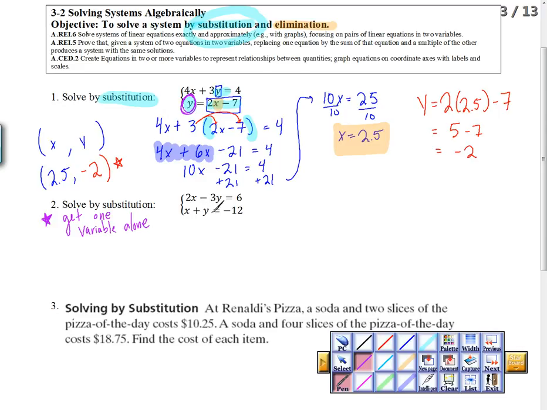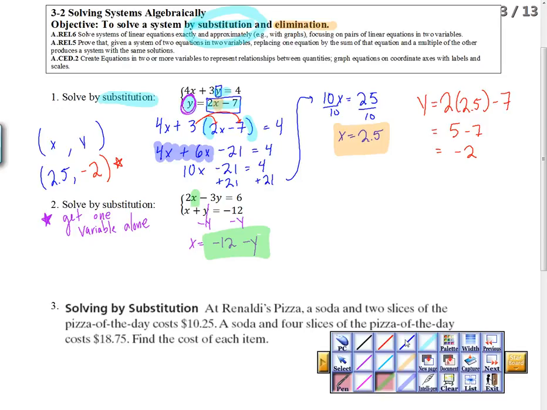To get x by itself, I subtract y from both sides. This cancels, and I have x equals negative 12 minus y. Now that I have a variable all by itself, isolated, since x equals negative 12 minus y, I can literally take that and replace the x in my first equation.